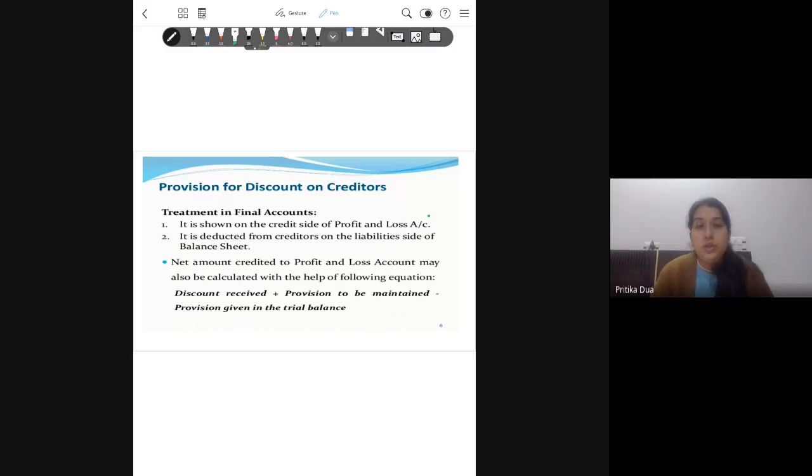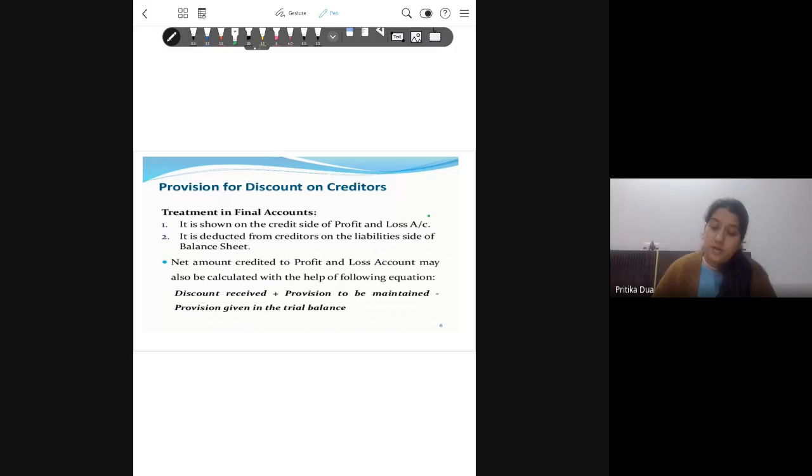So these are the two effects of the adjustment of discount on creditors. ओके, क्योंकि डेटर हमारे लिए वो पर्सन है जिसने बिजनेस को पेमेंट करनी है. अगर हम उसको कुछ डिस्काउंट दे रहे हैं, then that is an added expense for the business. But creditor is someone to whom the business owes money, so we are getting discount from them, that is a gain for the business. So accordingly the adjustment is made.